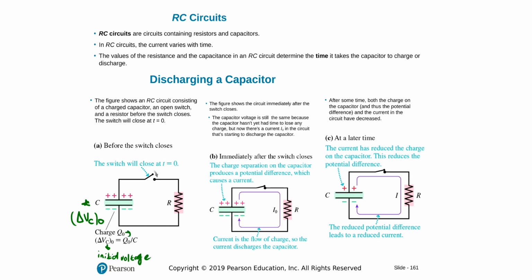Once we close this, charge will be going from plus to minus, and this will continue until there are no more excessive charges in either plate. So we'll have all neutral plates and the current will stop. So it will have a large initial current I0, and I0 will decrease over the time. So current overall decreases over the time, and after a while it reaches 0.